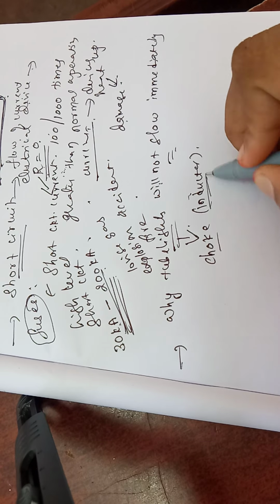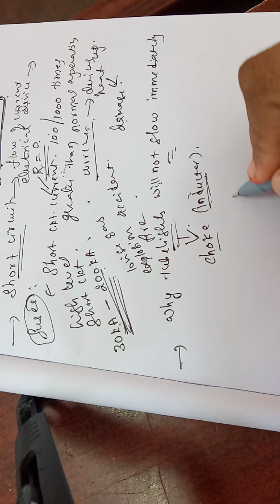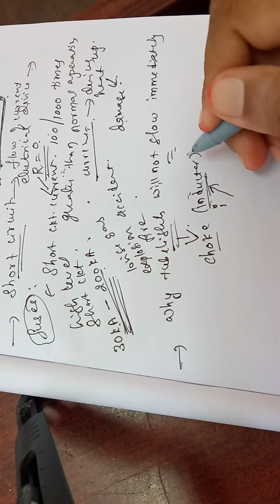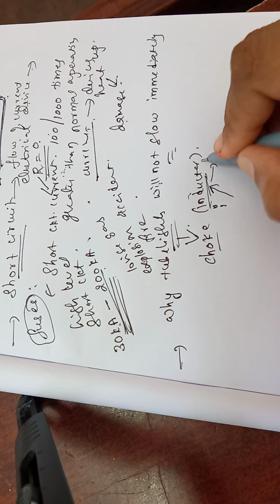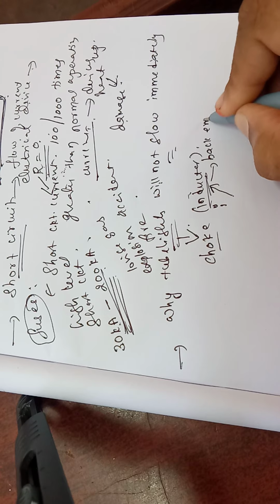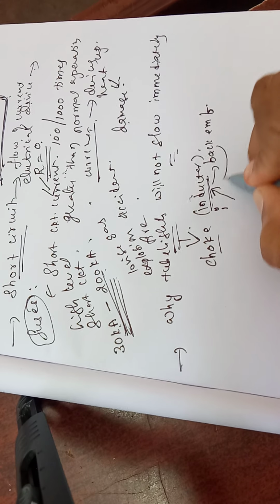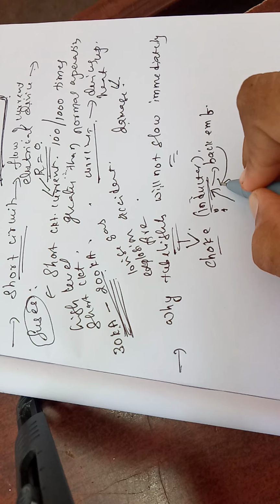A choke or inductor is present. When current flows through the inductor, what happens? Back EMF is produced, and this back EMF opposes the incoming current.